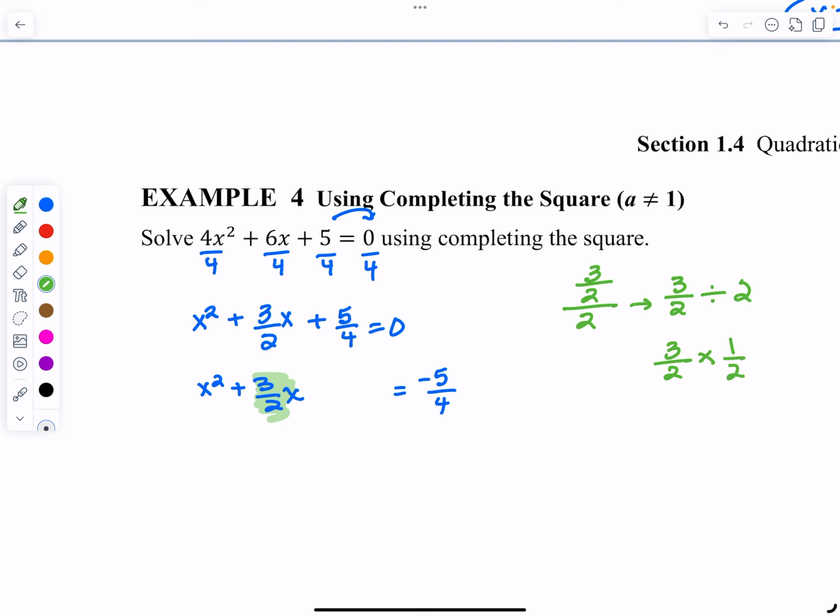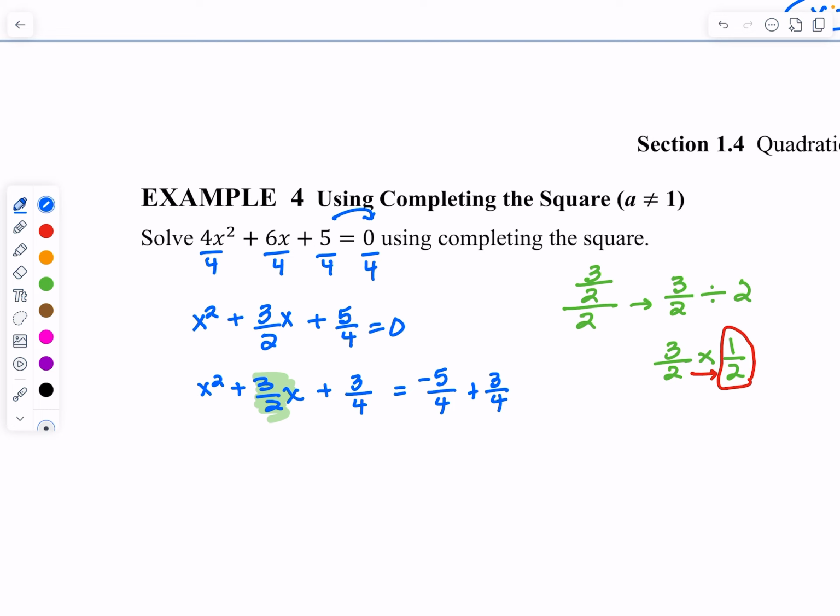So you are multiplying by the reciprocal. Anytime you are dividing by 2, you are literally just multiplying the bottom by 2, no matter what it is. So I've got 3 halves, so I'm going to have 3/4 squared, right? Because 2 times 2 just gives me 4. So that's what I'm going to add to this side.